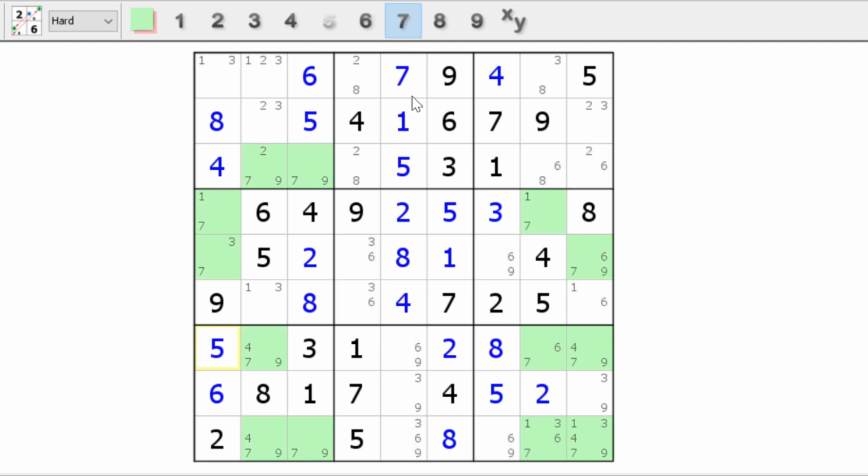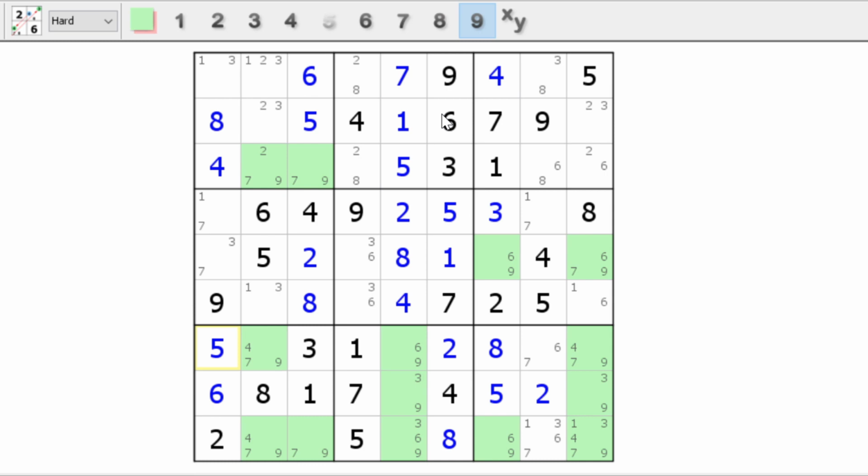Okay. And I'd say most tutorials I've seen on this, the person starts right away going, hey, here's the W-wing, and they point it out without doing this part. I'm doing this on purpose to show you how to get to the part where you can start looking for one.